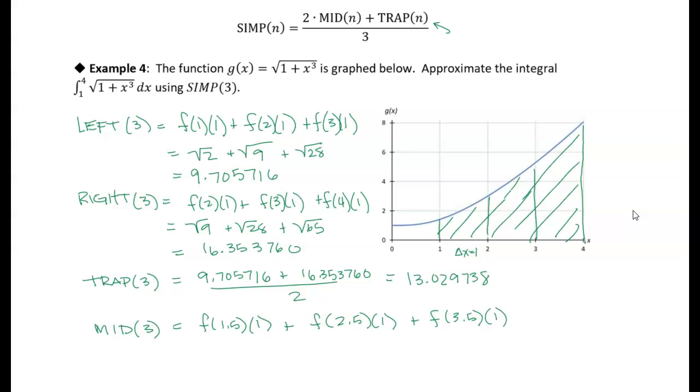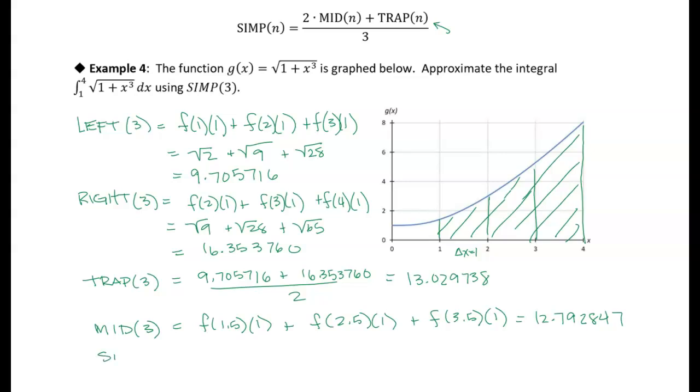Okay. Now I just used my calculator and plugged in all these values, and when I do that, I end up with 12.792847.